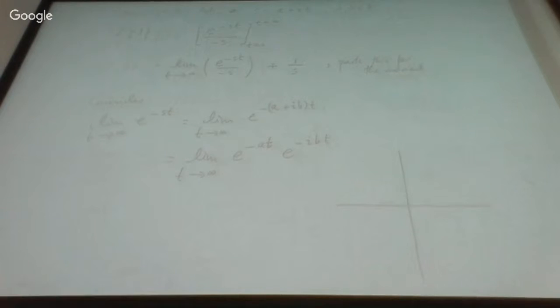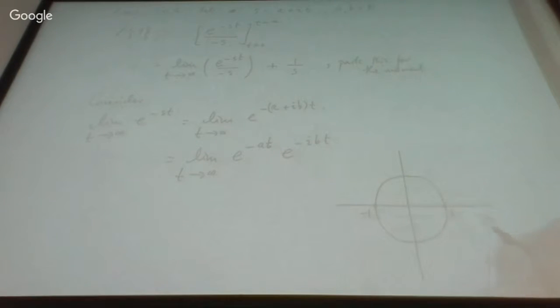Look at the second factor, e to the minus ibt. That's an exponential, e to the power of i times something. Those kinds of exponentials, we know, live on the unit circle in the complex plane.